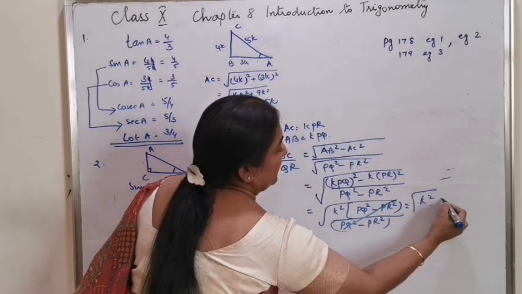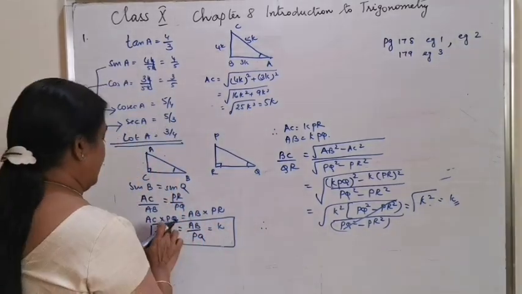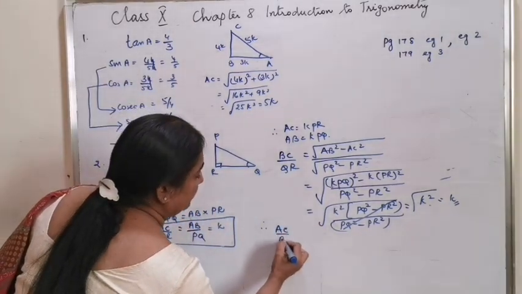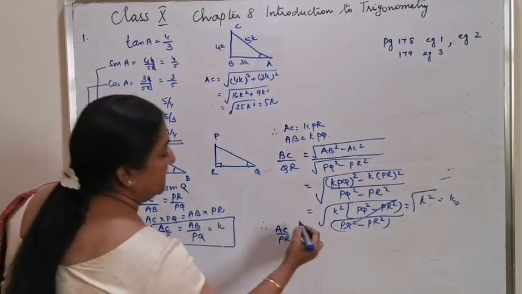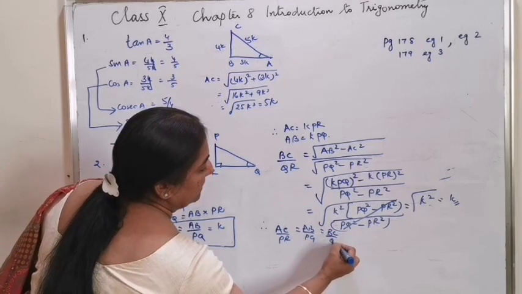Square root of K square is the same as K, which shows that AC by PR is equal to AB by PQ is equal to BC by QR is equal to K.